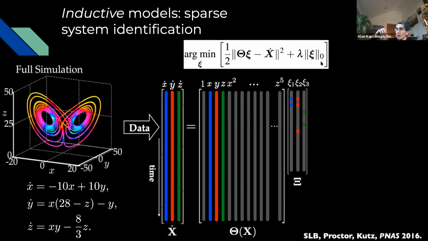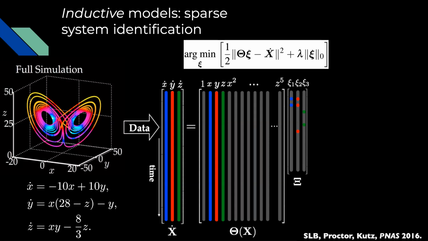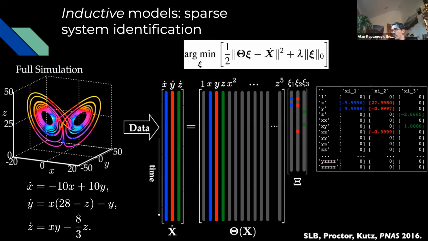If you don't know what the L0 norm is, it literally just counts the number of non-zero terms in the model. And then this parameter here can be used to basically truncate all the coefficients below some threshold down to 0. So that was a lot of words describing basically the picture here.